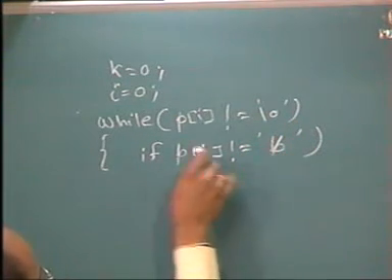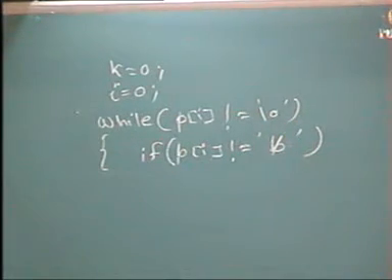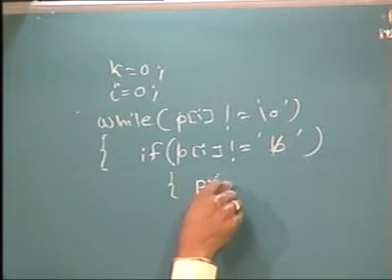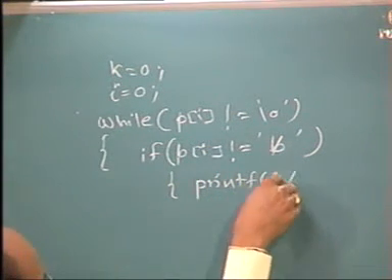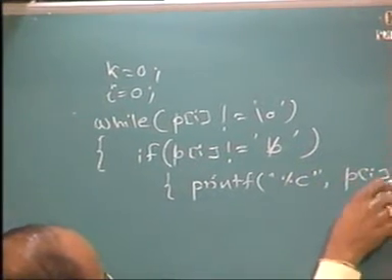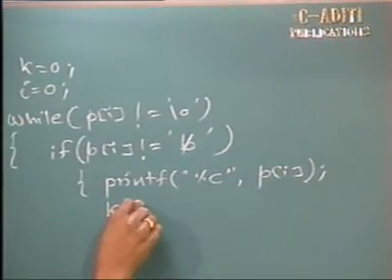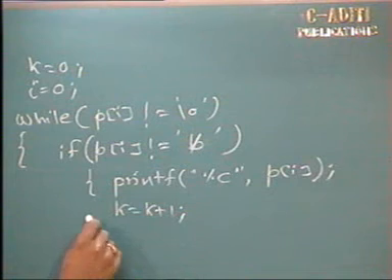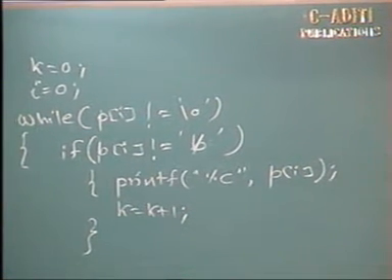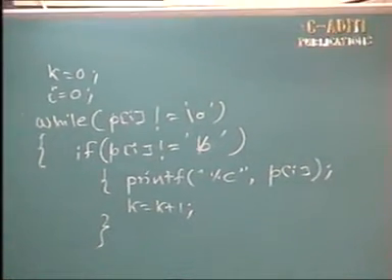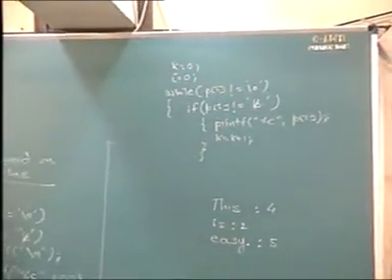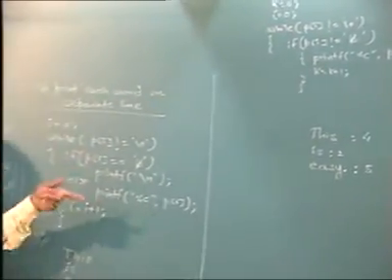If P of I is not equal to space, in that case, you will have to first of all print the character and increment the counter, because that is how we have spoken it. As long as you have a non-space character, like this else part, I am writing it as the true part over there. If it is not a space, print the character, increment the counter.